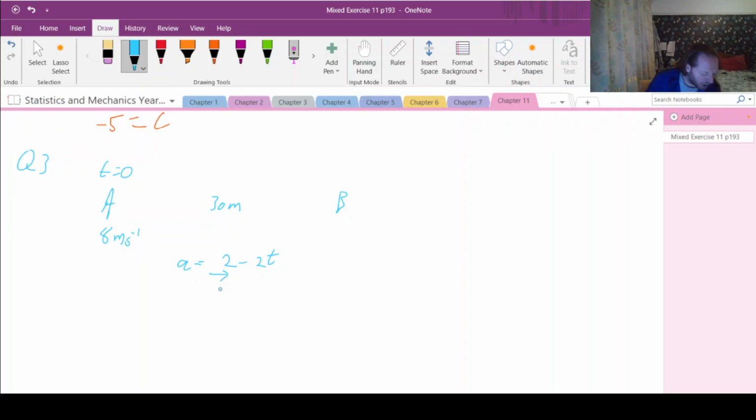Find an expression in terms of t for the displacement of P from A at time t.